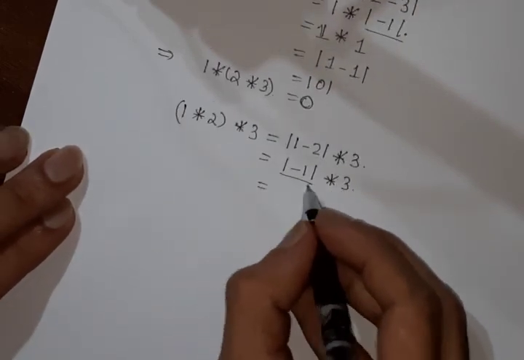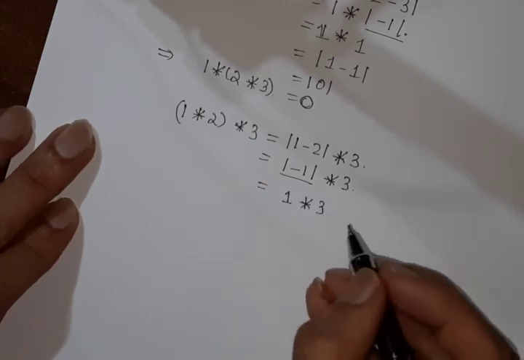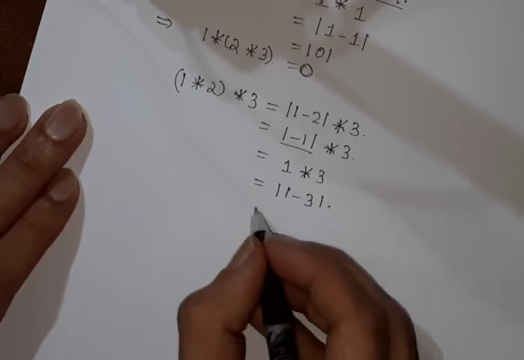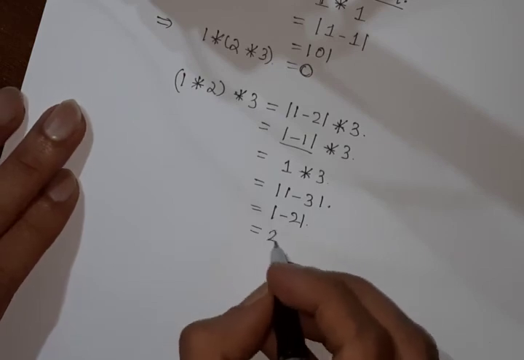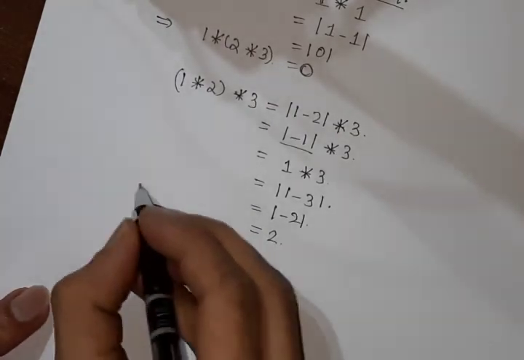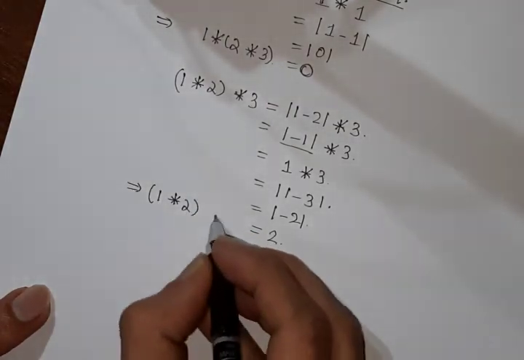Modulus of minus 1 is 1, you know, star 3, which is equal to modulus of 1 minus 3, which is modulus of minus 2, which is equal to 2. This is nothing but (1 star 2) star 3.